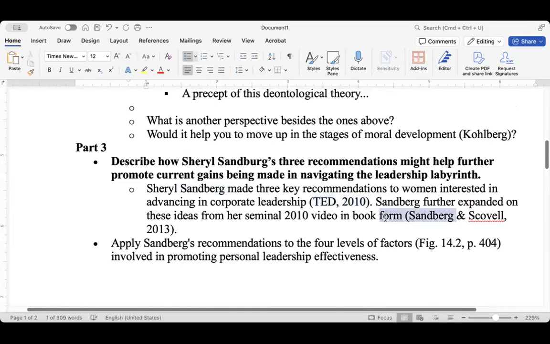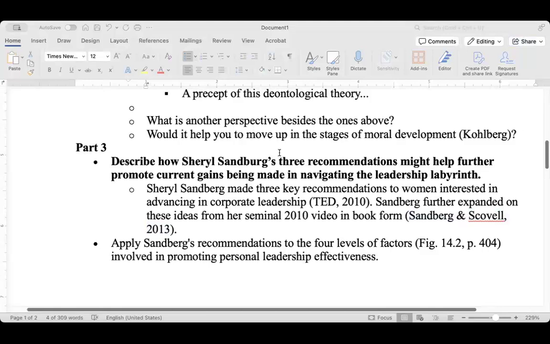information from different sources. Now, this isn't the only book that she wrote, so we could go ahead and look at, say, one of the follow-up volumes. And I would say, make sure you're doing everything that the assignment requires you to do first before you go off on those tangents.